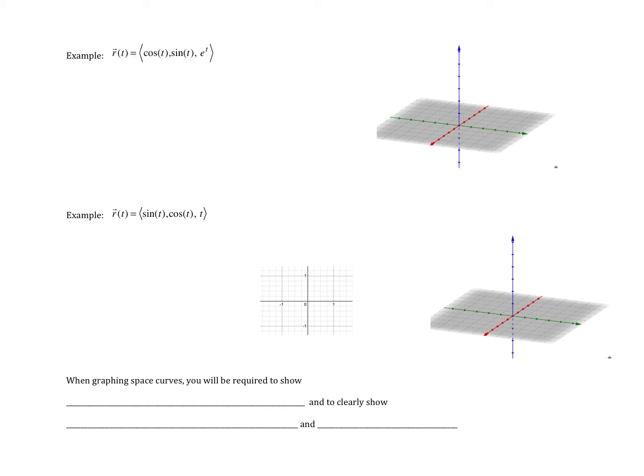Now, just to make sure you've got the idea of bringing in the behavior of the third variable, here is the same, well, not the same vector function. These two parts are the same, but this is new. So these two parts are the same as they were in the last example, which means we're still on that same cylinder, x squared plus y squared equals 1.